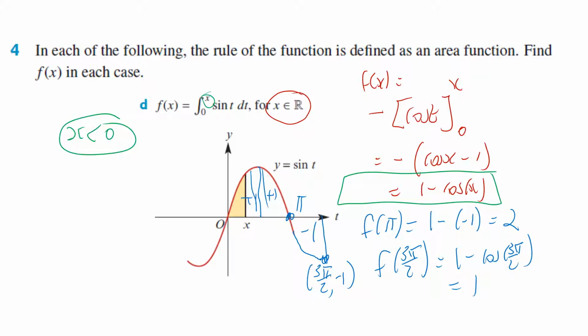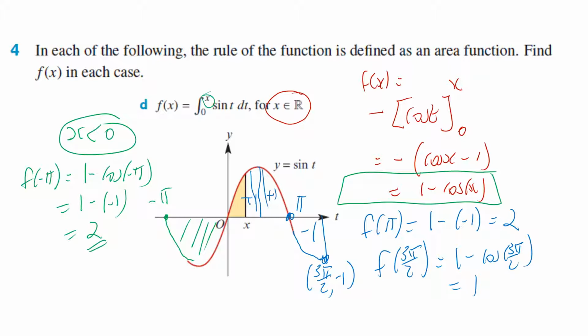As we go over here to minus pi, surely we would have an area of negative 2 is what our function should be saying. So f of minus pi, according to our rule, is 1 minus cos of minus pi, which is 1 minus minus 1, which is 2.